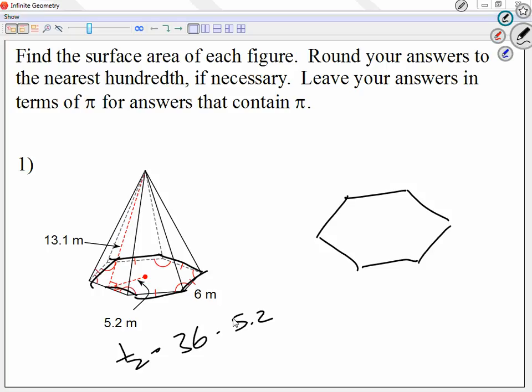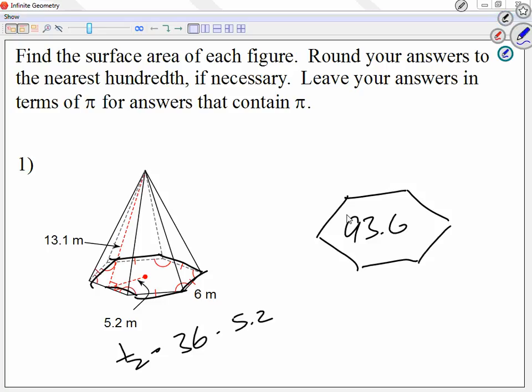Remember, I go 1/2 times the perimeter times the apothem, and I get 93.6. So just the base is 93.6.